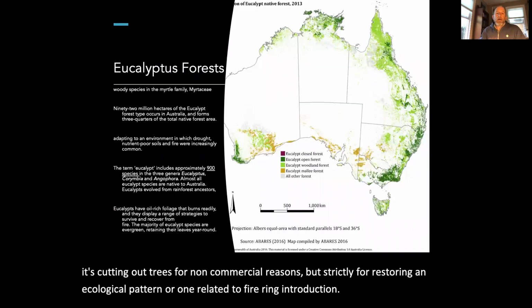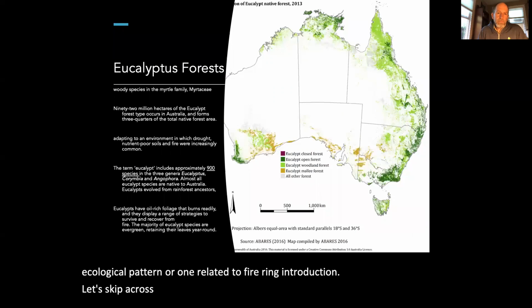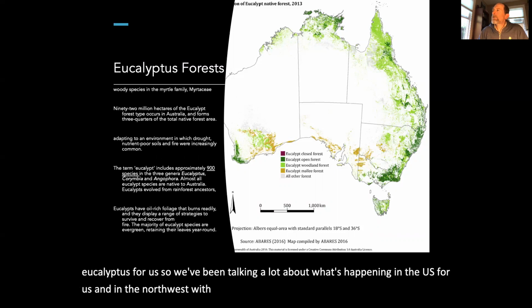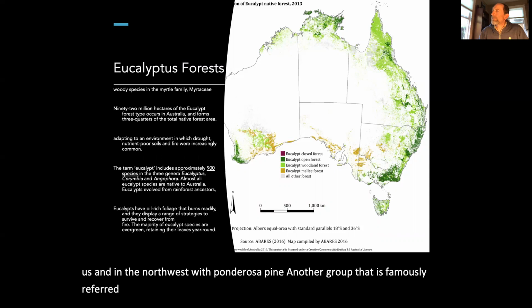Let's skip across to another continent now. Let's talk really briefly about eucalyptus forests. So we've been talking a lot about what's happening in the U.S. forests and in the Northwest with Ponderosa pine. Another group that is famously referred to when we're talking about fire adaptations are eucalyptus trees.